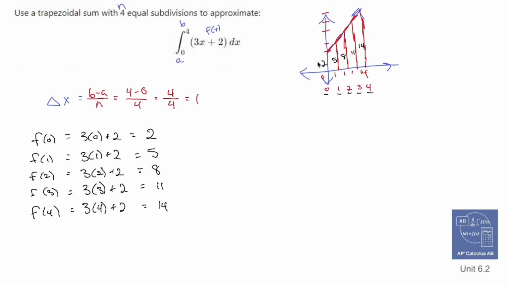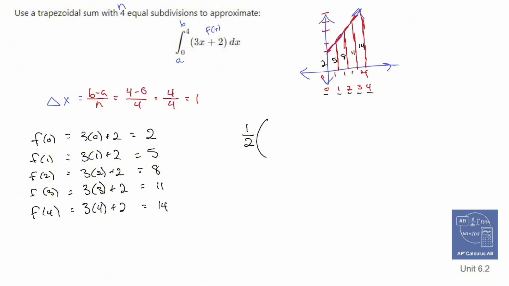Now, if I wanted to, I could take each trapezoid and use the trapezoidal area formula and calculate all 4 of these individually, which wouldn't be the end of the world. But in this case, I'm going to use the trapezoidal sum formula, which is going to be the change of x over 2, so 1 over 2, and it's going to be f of whatever plus f of something else.